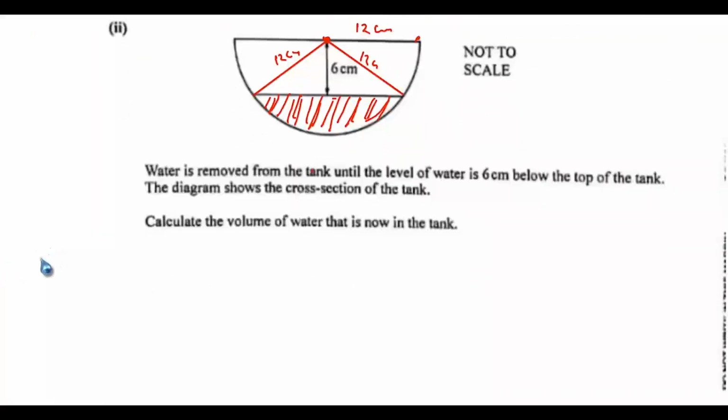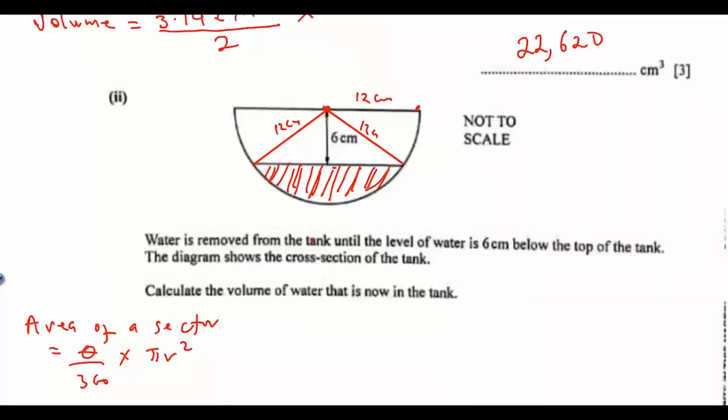The area of a sector, let's write area of a sector, equals theta over 360 times pi r squared. We know the radius, we know the pi, so the only thing we don't know is the theta.